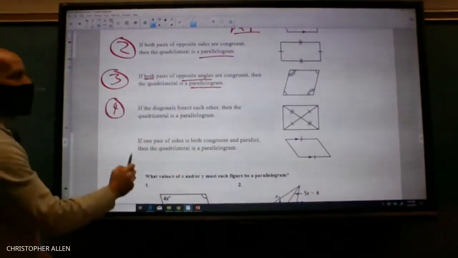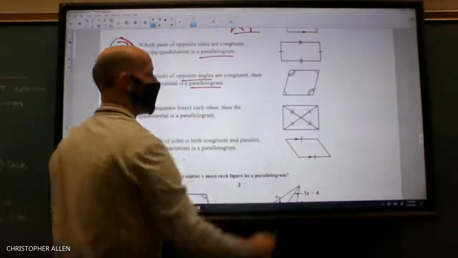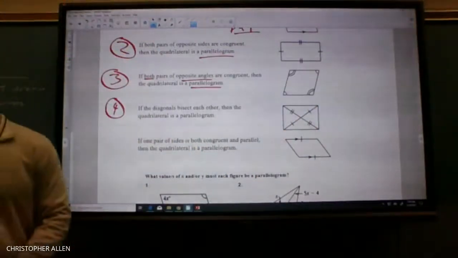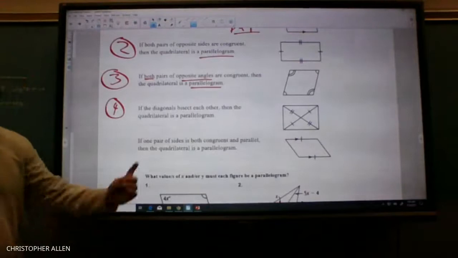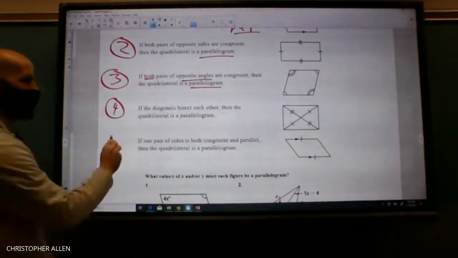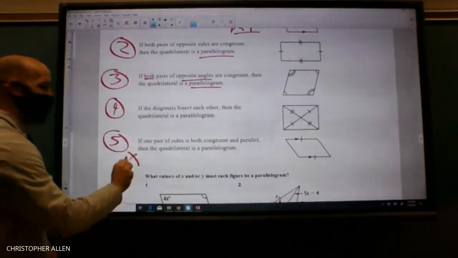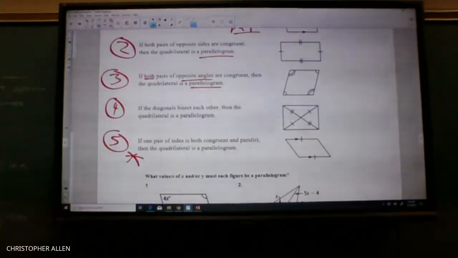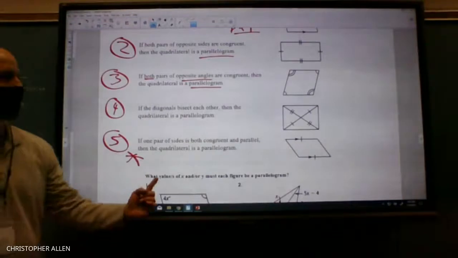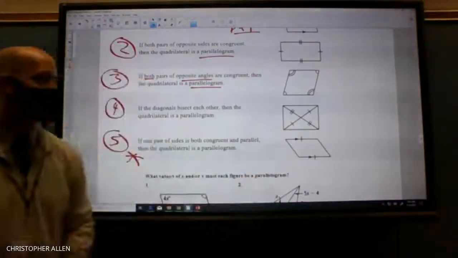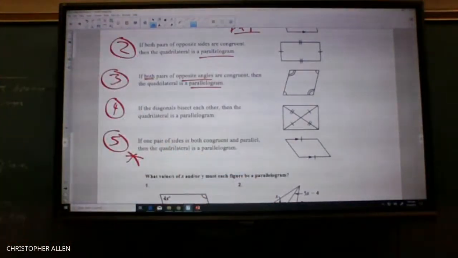Number 4, if the diagonals bisect each other, that was one of the ones we did in the warm-up, it has to be a parallelogram. And number 5, this is the hardest one to remember, so I'm going to put a star next to this. If one pair of sides is both parallel and congruent, it is a parallelogram.